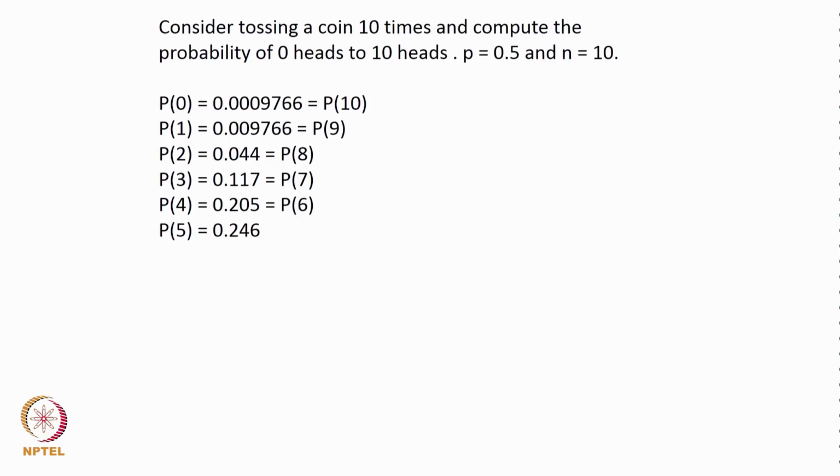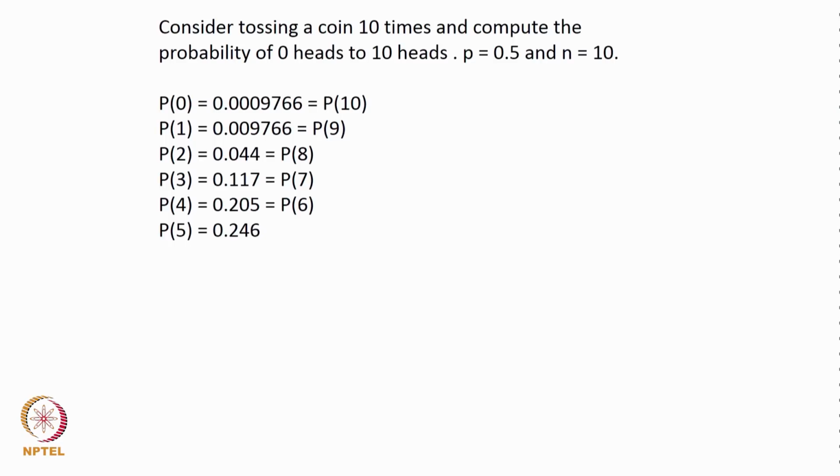Therefore p of 0, which means probability of getting 0 heads, assuming head is a success, can be calculated by nCx p to the power x q to the power n minus x. q is 1 minus p, we have seen that in the previous lectures on binomial. So, p is also equal to q, therefore p of 0 is nC0, which is 1, p to the power 0, and q to the power 10, and since p and q are equal, you would have p to the power 10 in all these cases, except the nCx will change.